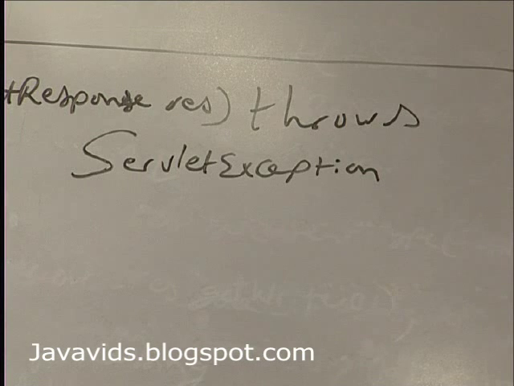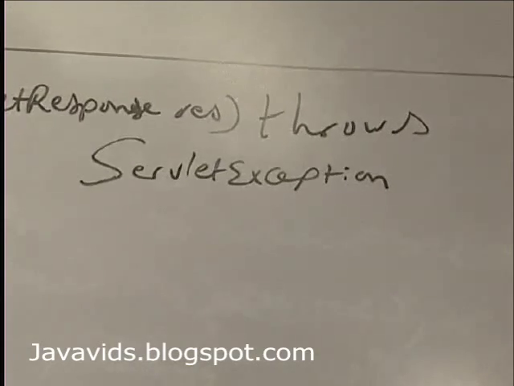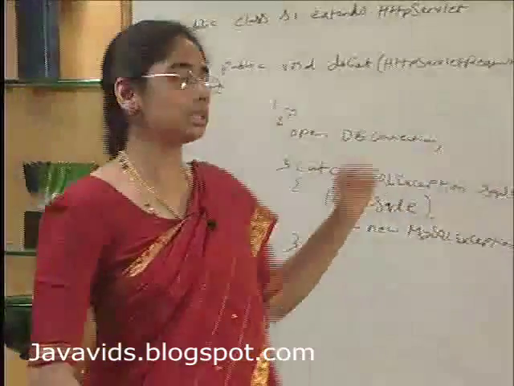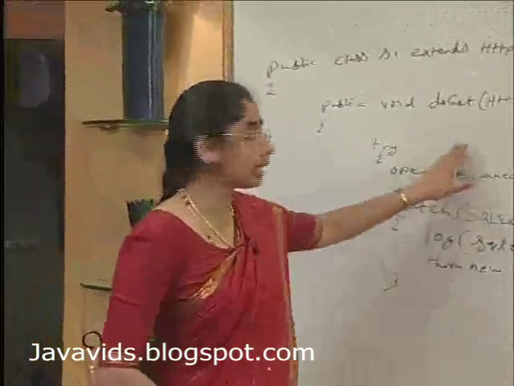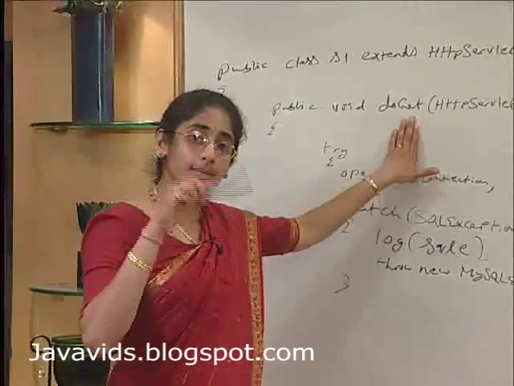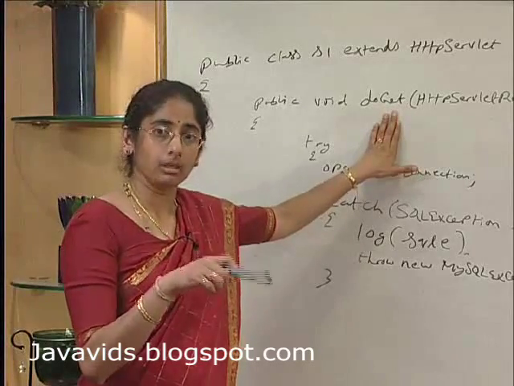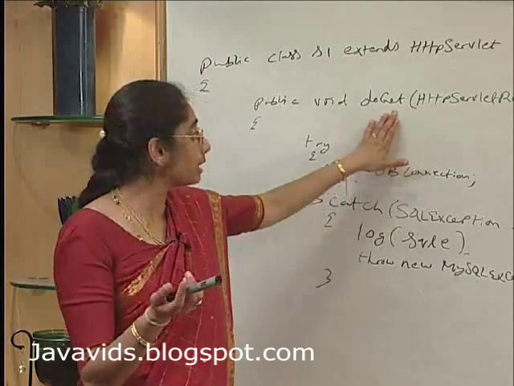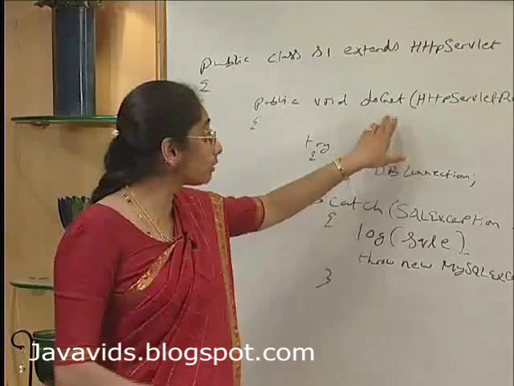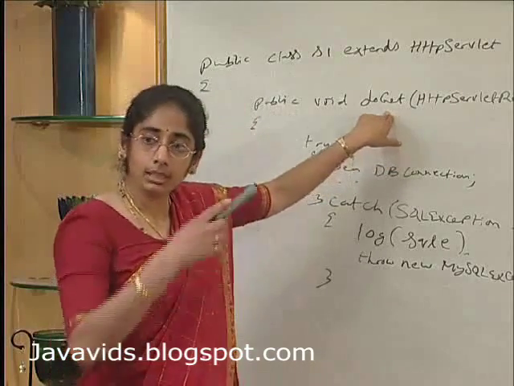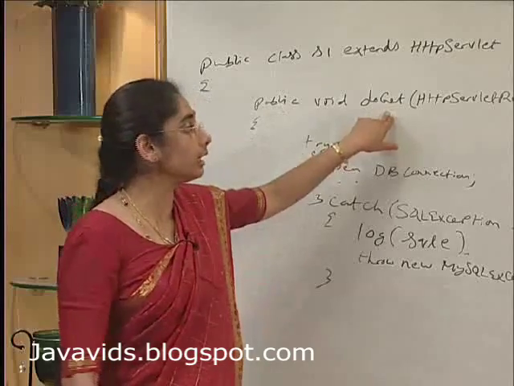Since you are using throws on the doGet method, whom does this get passed to? It gets passed to the container finally, because who's calling the doGet? Remember, the public service method is called by the container. So the public service method down the line calls the doGet method. So it keeps propagating up till the container.